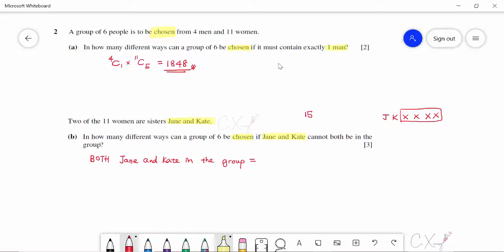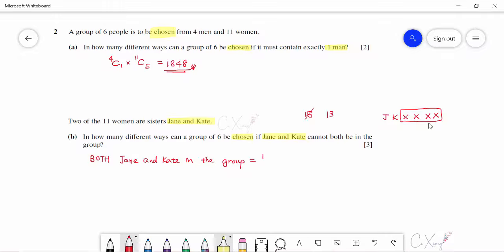Okay, so originally you're having 15, but you already exclude Jane and Kate from being chosen because you already fixed them in the group. Okay, so you want to exclude Jane and Kate from here, so it will become 13. All right, so from these 13 remaining persons, you want to choose four of them and put them in the group.